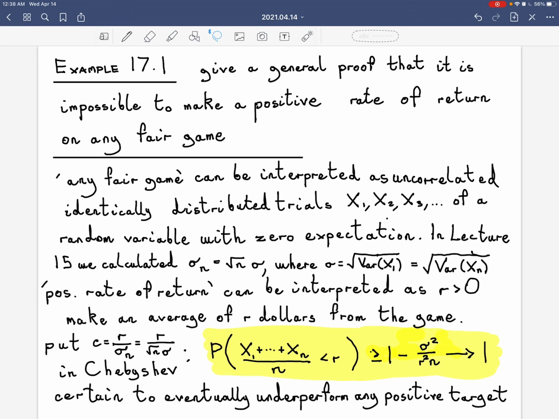Or not teal on this page. It's now yellow. And we can see that because you have this n in the denominator, as you play more and more trials of the fair game, you're converging to certainty that you underperform any positive target.